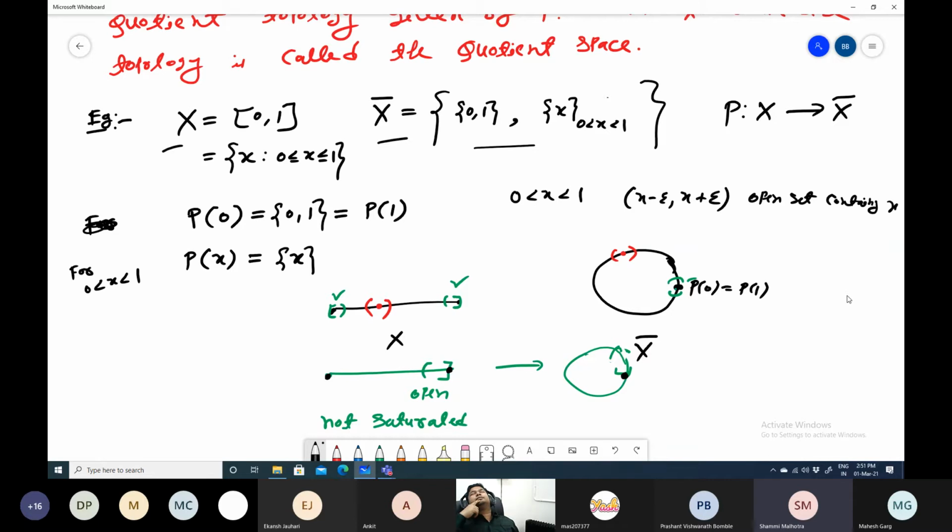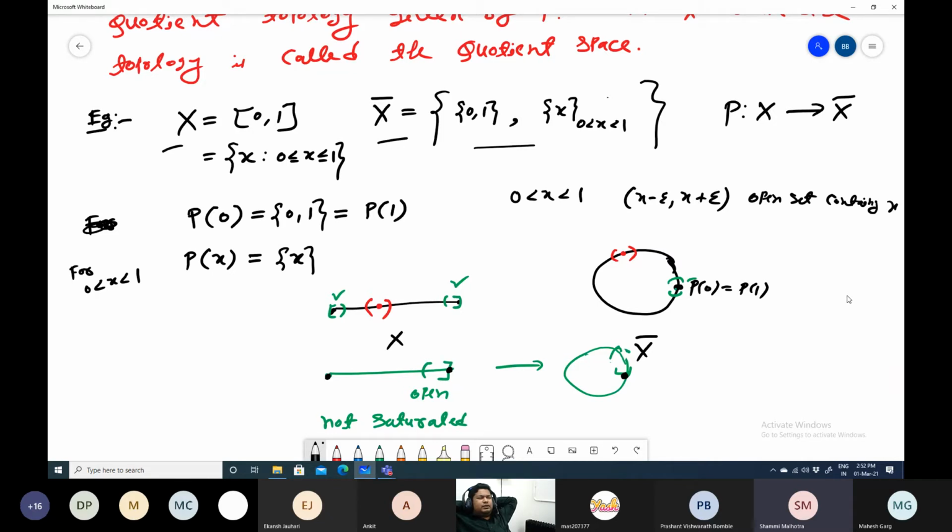So can we say there exists another function q such that the quotient topology generated on y will be the same as from p? The question is not quite clear, can you tell me again? There will be two functions, P1 and P2. Sir, we have a map p from x to y, and from that map we generated a quotient topology on y.